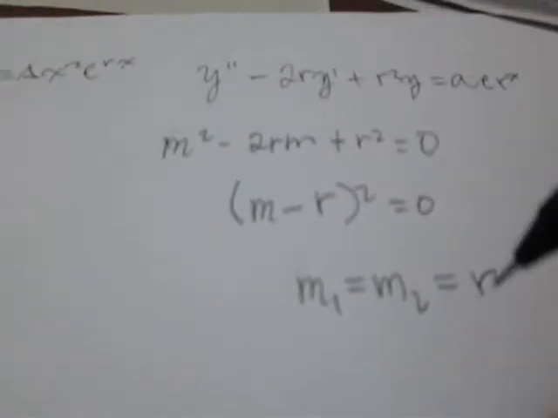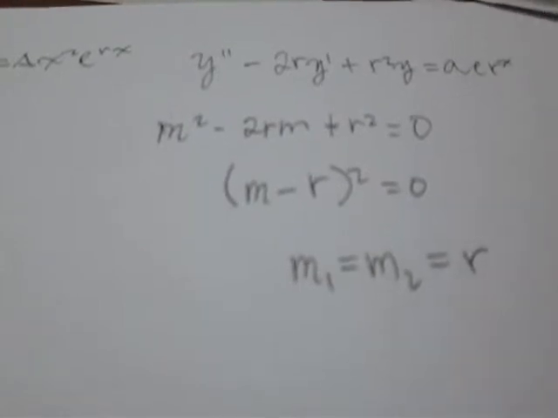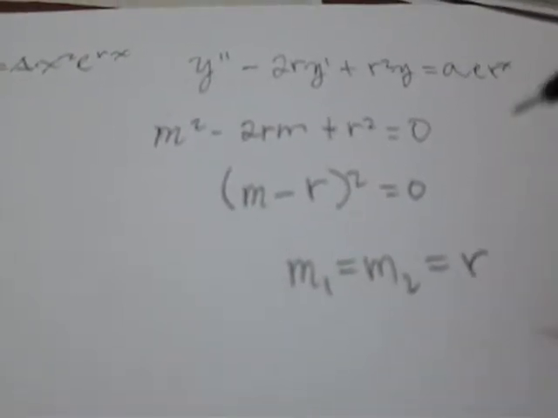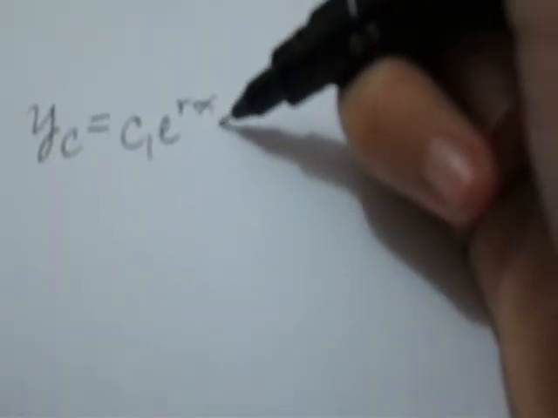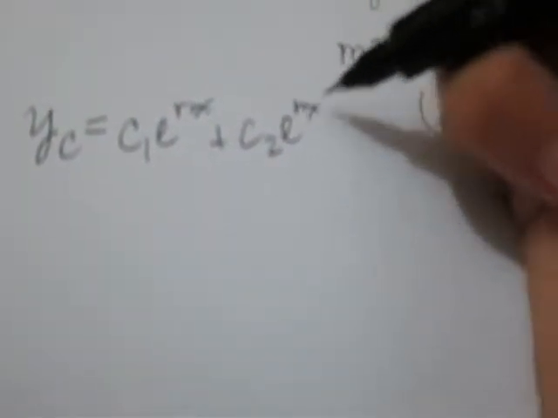As you can see, we have repeated roots here. So our complementary equation will be in the form c1 e to the power of rx plus c2 e to the power of rx times x.